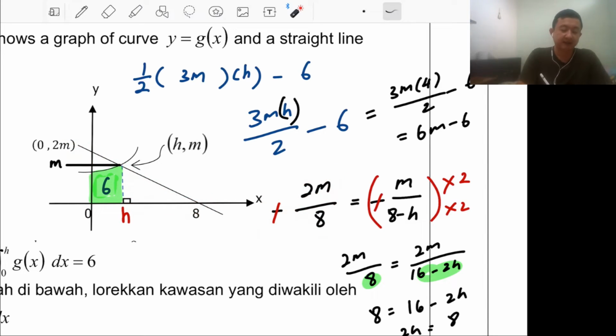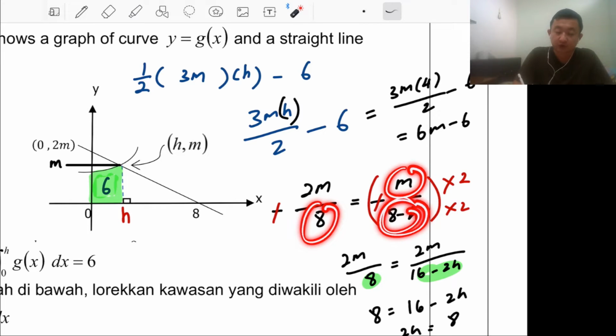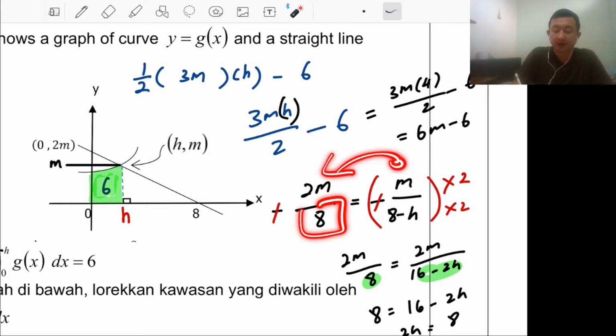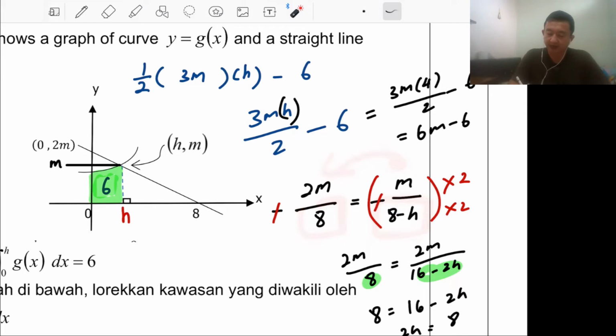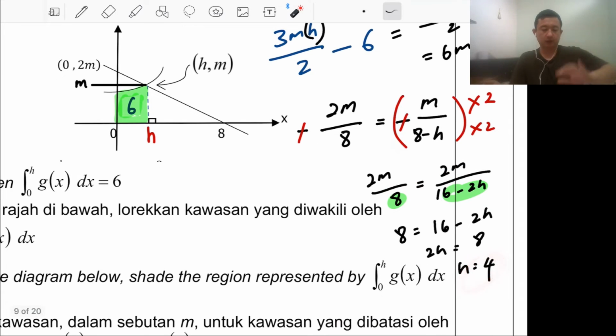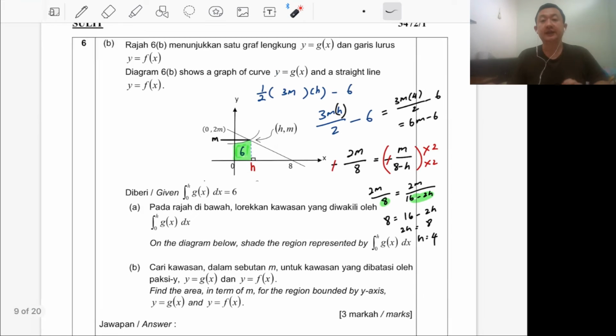Should be the same as the gradient of this part, which is rise m over 8 minus h with also a negative value. In order to figure out this part, I make this 2 the same value as 2m, hence making comparison possible. Then I compare this part of it, then I got h equals to 4. Alright, so that is for 6D.